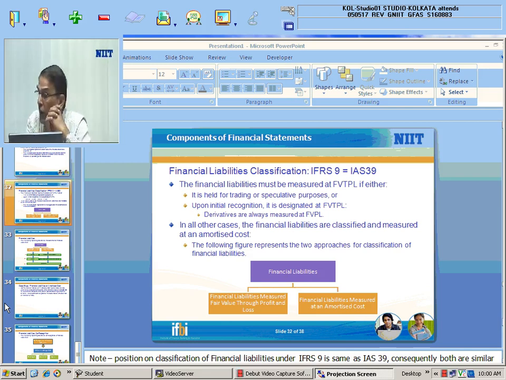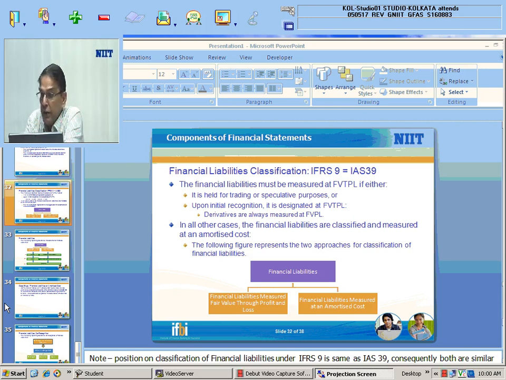But so far as financial liabilities are concerned, both IFRS 9 and IAS 39 provide the same classifications of financial liabilities. One classification could be held for trading or speculative purposes.